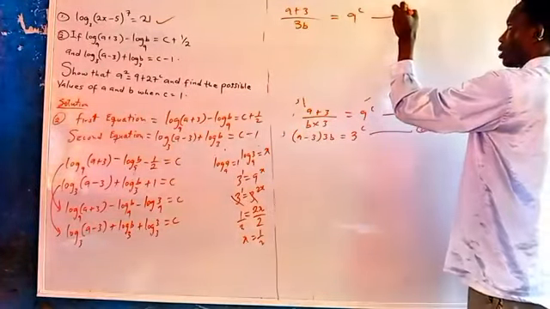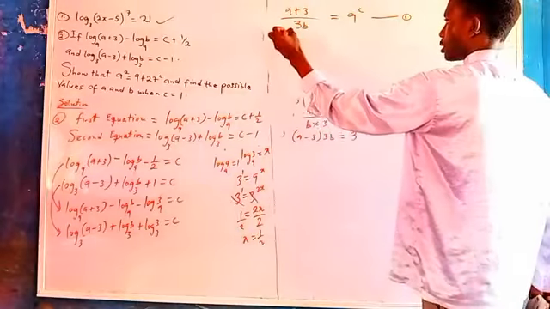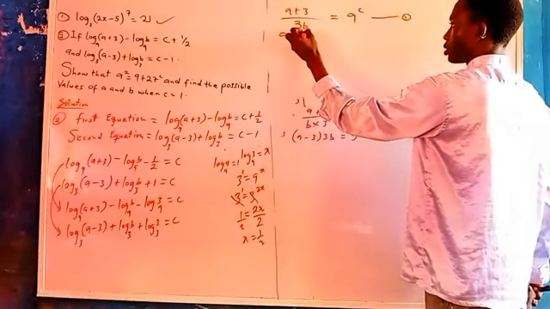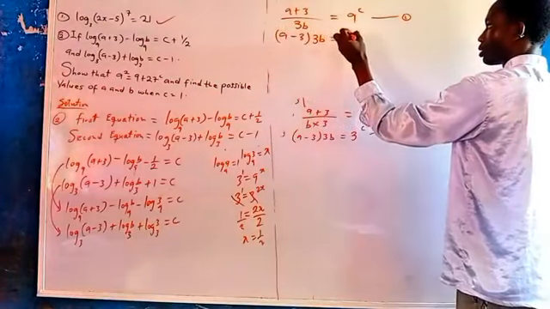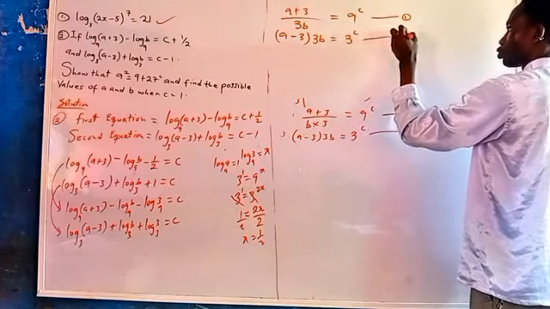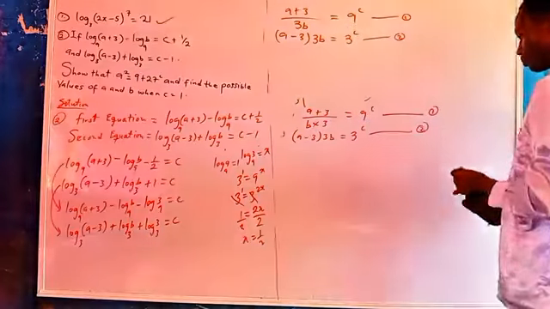That's equation 1. And equation 2 is (a minus 3) multiplied by 3b equals 3 to the power of c. Wonderful.